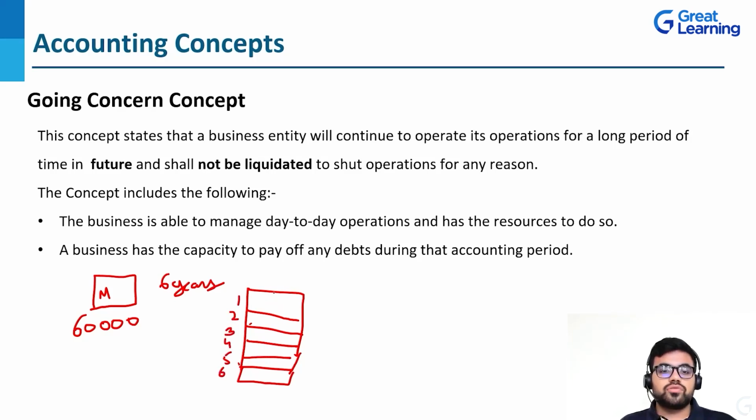This means that for all those 6 years, each year that company uses that machine's worth of 10,000.